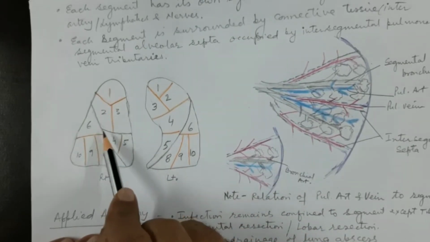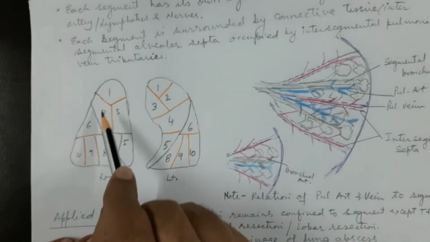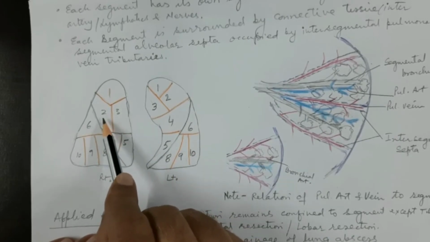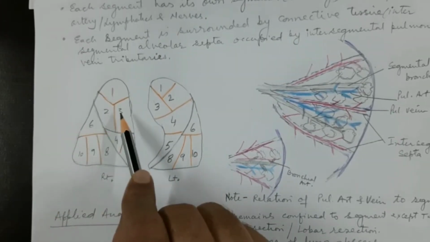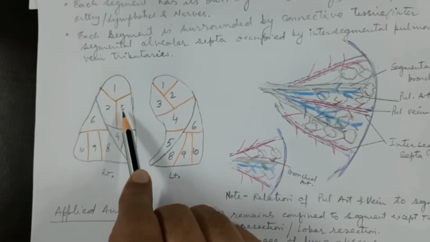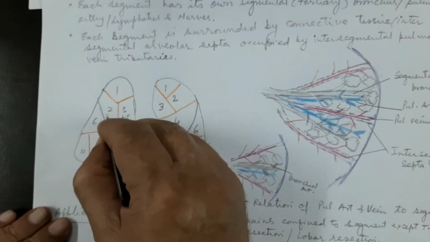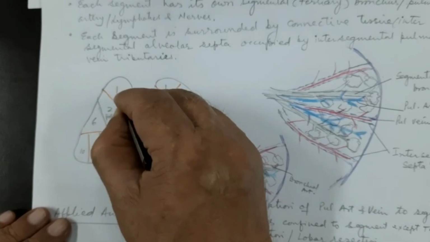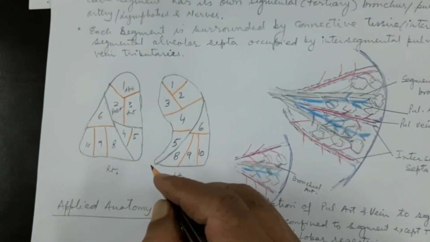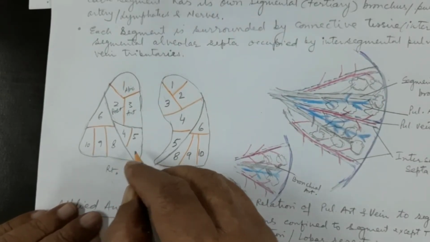So in the upper lobe of the right lung, there are 3 segments, that is 1, 2 and 3. 3 is the medial one, the second one is the lateral one, so you can call it anterior and second is posterior. So I will write here, anterior or medial, second or posterior, and this is apical. This is called apical, and this will also be called medial and lateral.